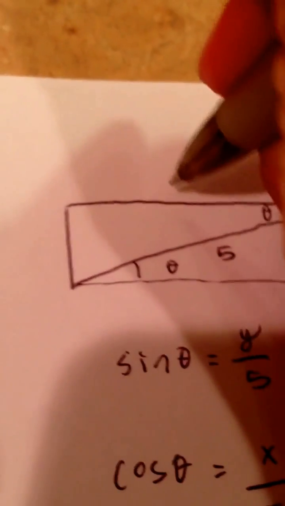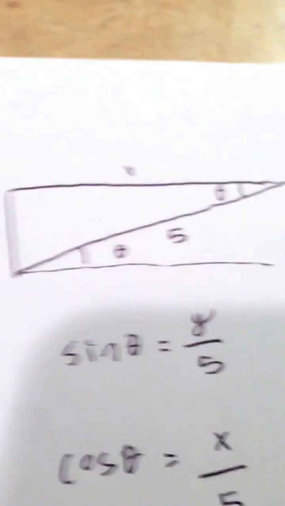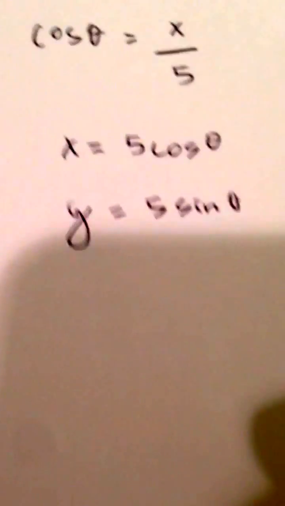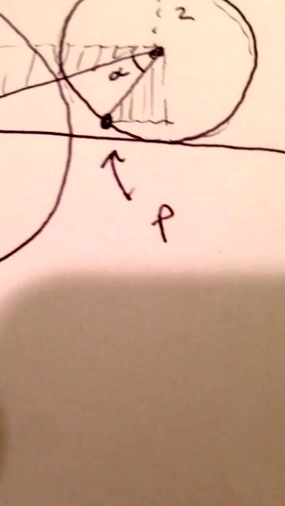I'll label the sides here too, x and y. All right. So if we solve for x and y, we get x equals 5 cosine theta, and y equals 5 sine theta.